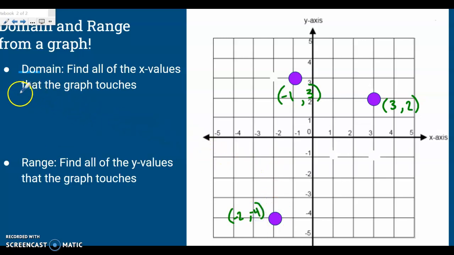So all of our points, I'm going to write them over here for us. We've got -1, 3, we've got 3, 2, and we've got -2, -4.